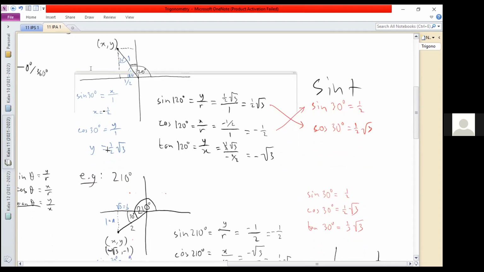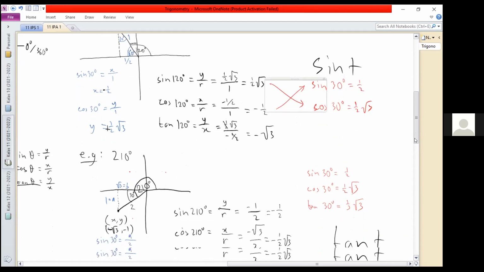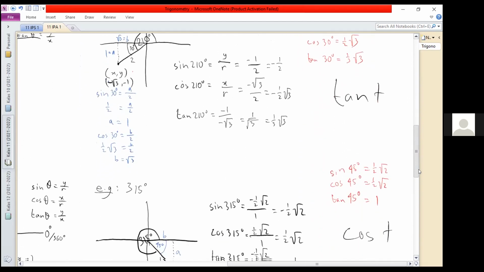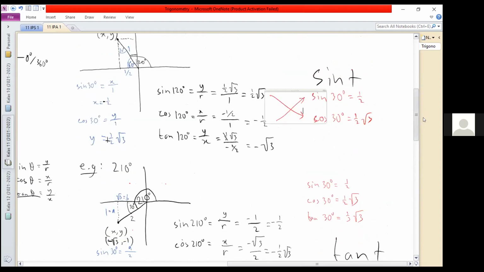Okay, so what happens? Why in the second and the third example do we have exactly the same, but for the first one we have slightly different?